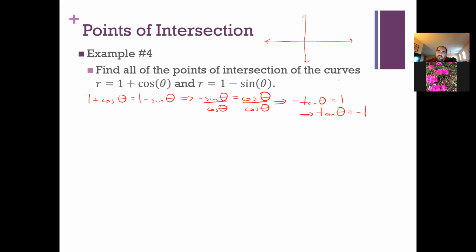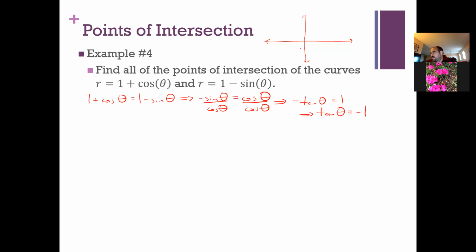So just to refresh, remember that the definition of tangent is the ratio of sine to cosine, sine divided by cosine. Remember that the sine of an angle basically gives you its y coordinate on the unit circle.